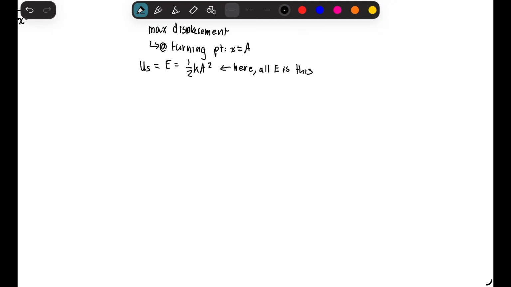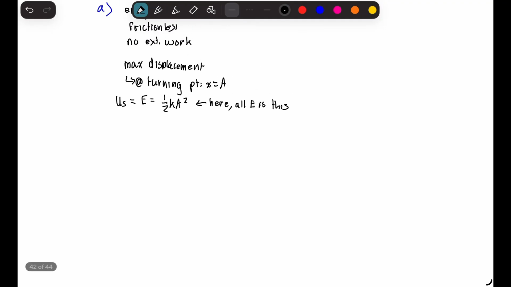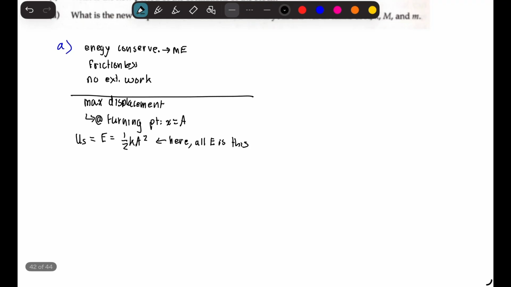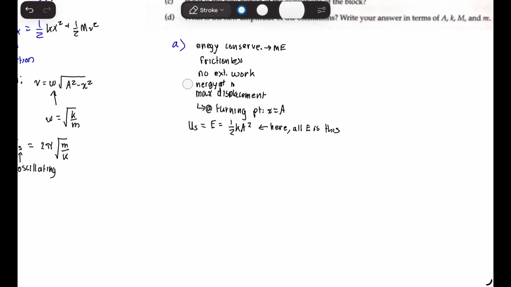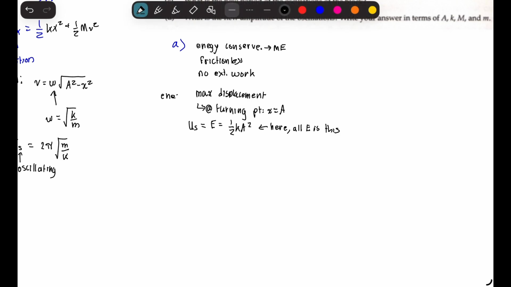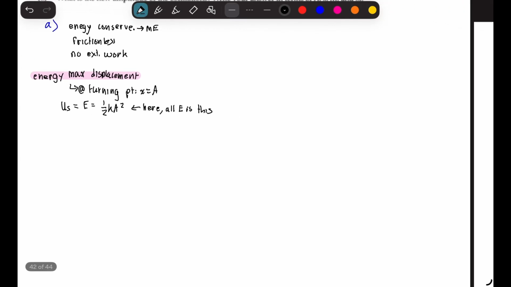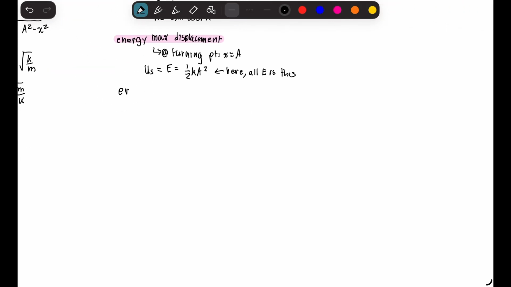So now you have to write what your energy is at position x. So this was energy at max displacement, and below it we'll write the energy at position x.